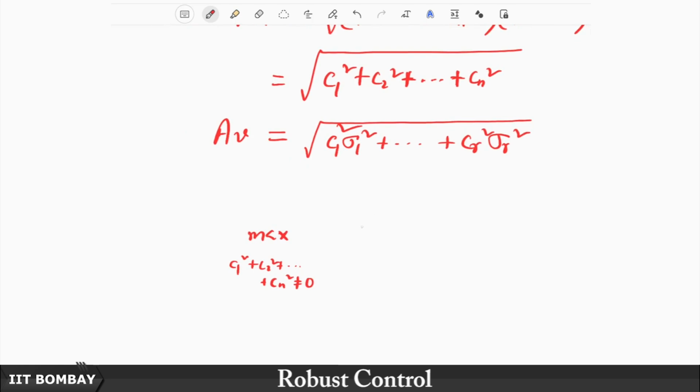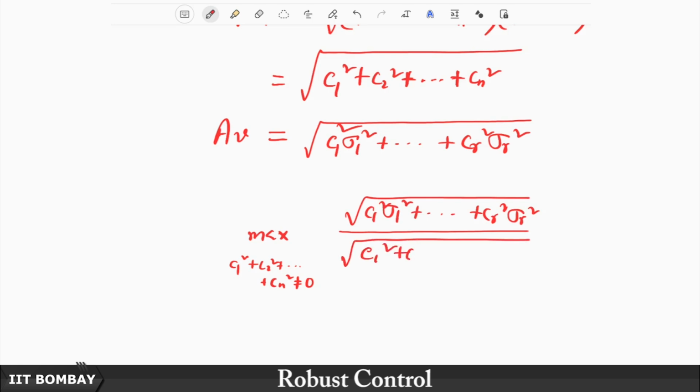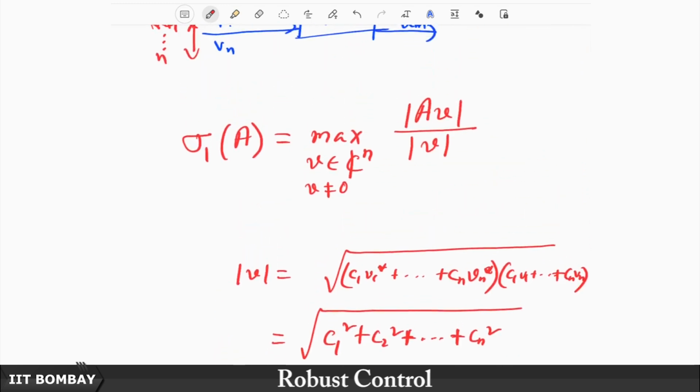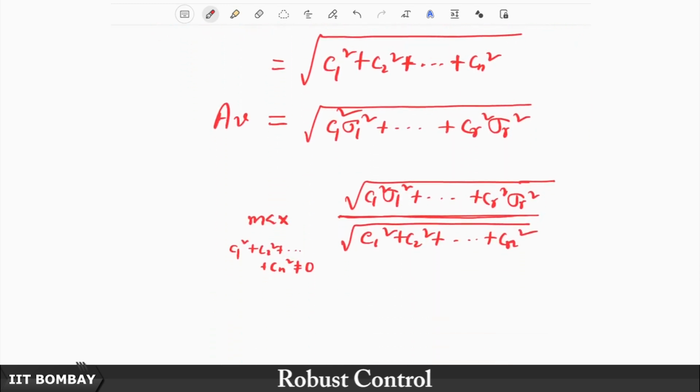And what we are trying to maximize is this particular ratio: C1 squared sigma 1 squared plus dot dot dot till CR squared sigma R squared, upon C1 squared plus C2 squared plus dot dot dot till Cn squared. Now you notice that if you really want to maximize this quantity, what should you do?